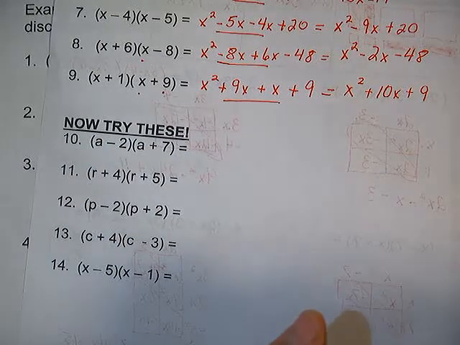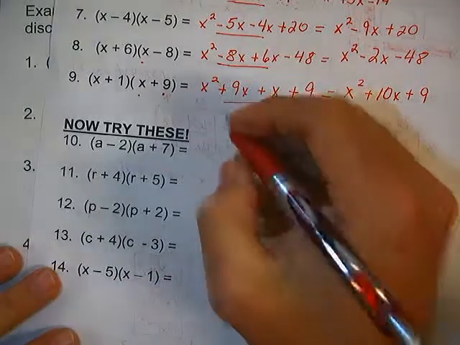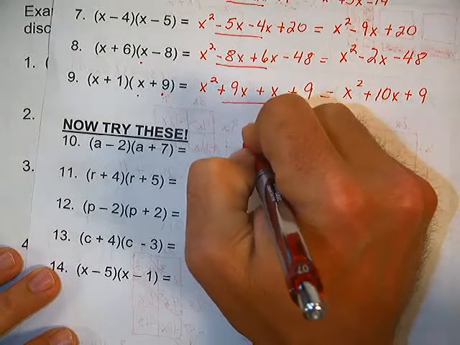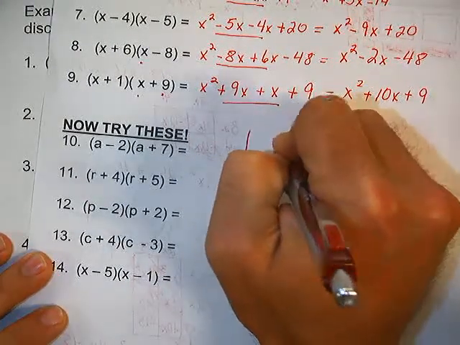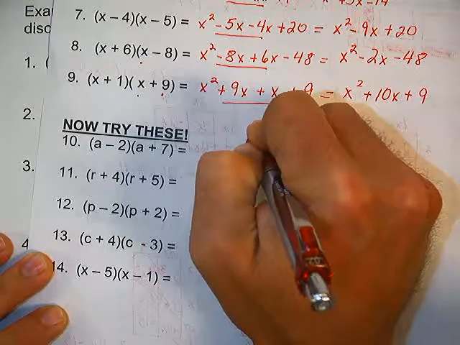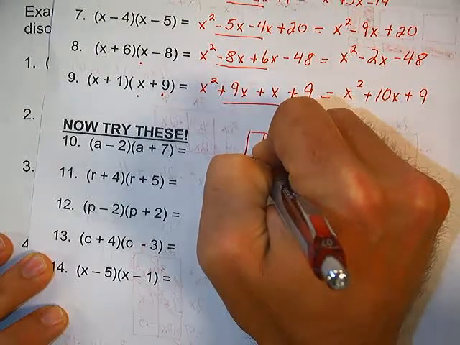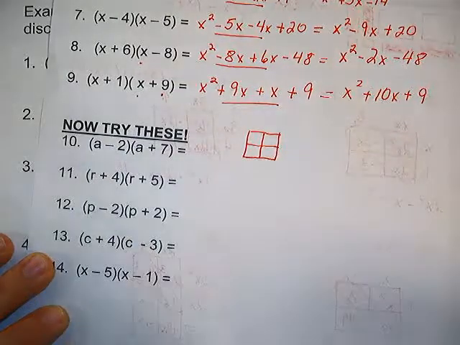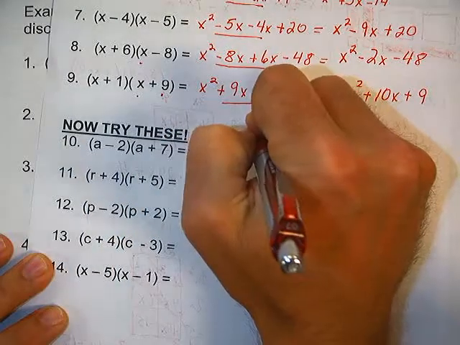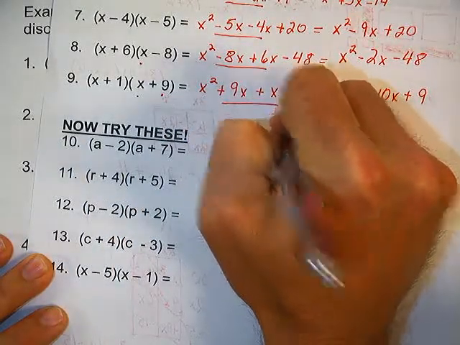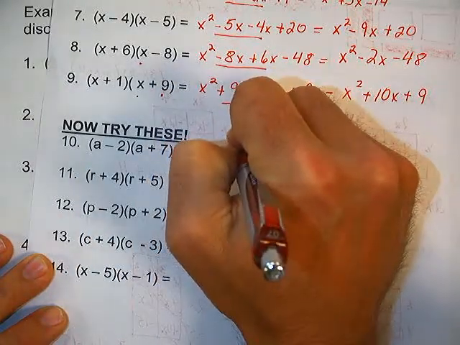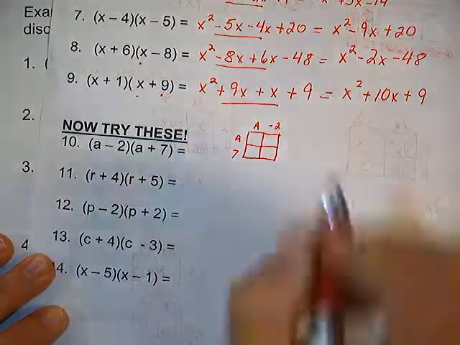I'll do a couple of them using the FOIL, a couple of them using the box, just to refresh our memory. This first one, 10, I will use the box. Okay, up top I have a and a negative 2. Down the side I have a and a positive 7.